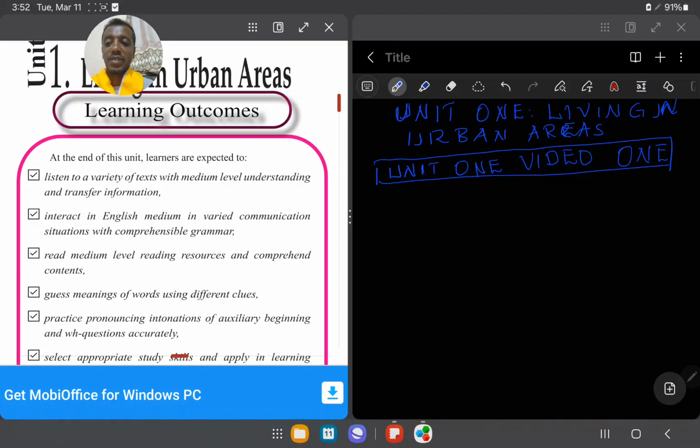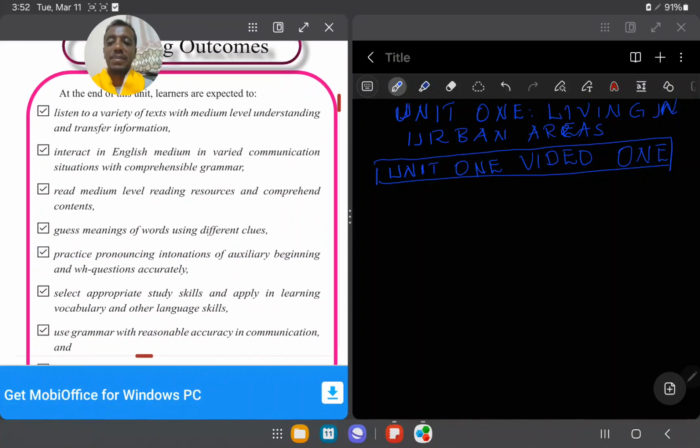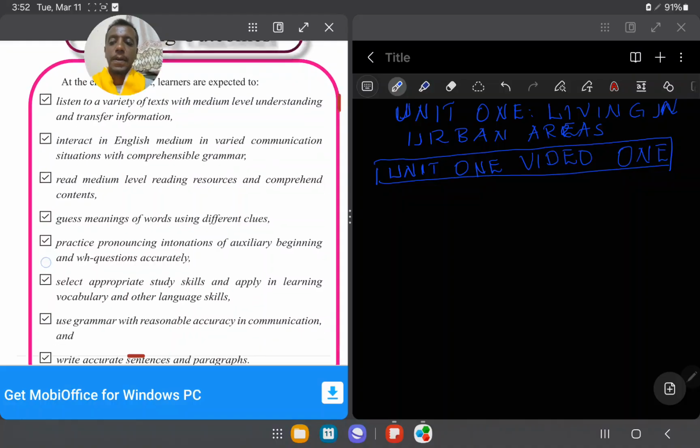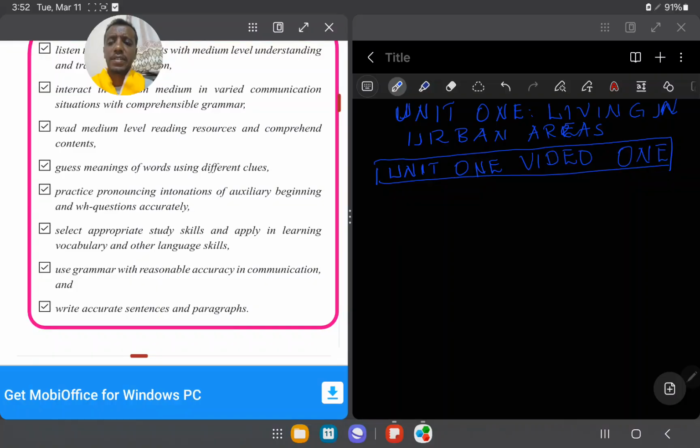In this unit, we will also interact in English in varied communication situations with comprehensive grammar, read medium level reading resources, comprehend contents, guess meaning of words using different clues, and practice pronouncing the intonation of auxiliary beginning and WH questions accurately.